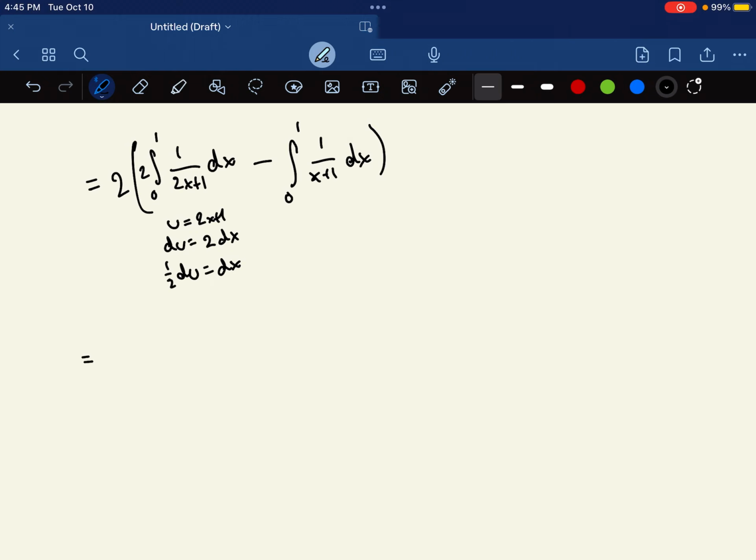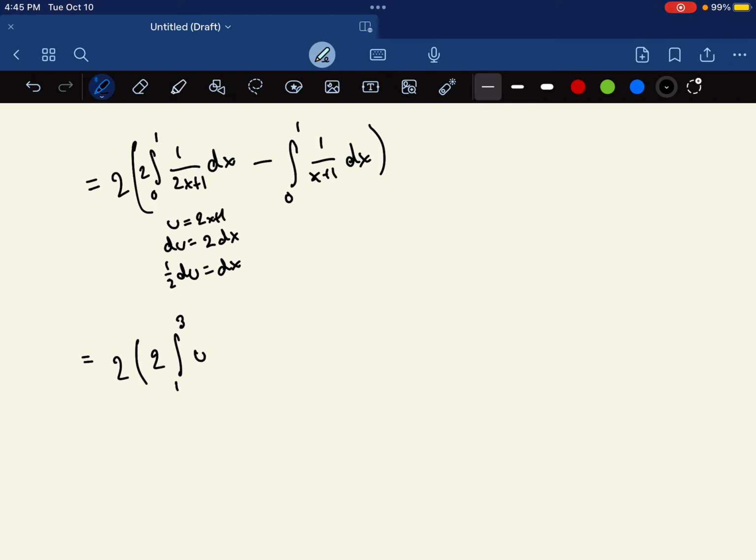So we've got here 2 times the integral, and if we plug in 0 and 1 for x to find u, plugging in 0 gives 0 plus 1, which is just 1, and then plugging in 1 gives 3.